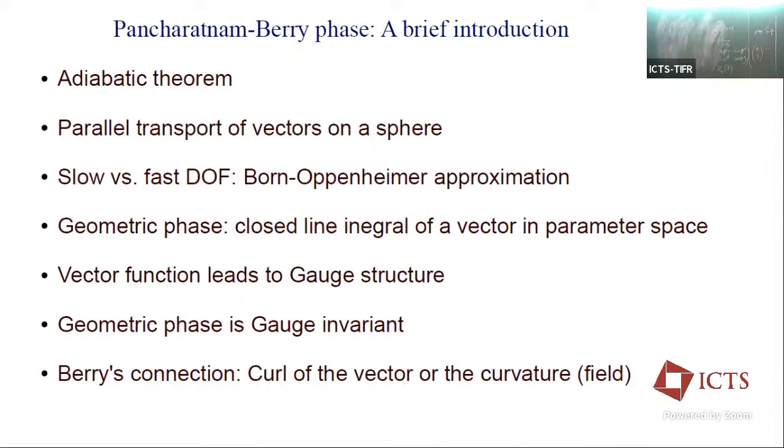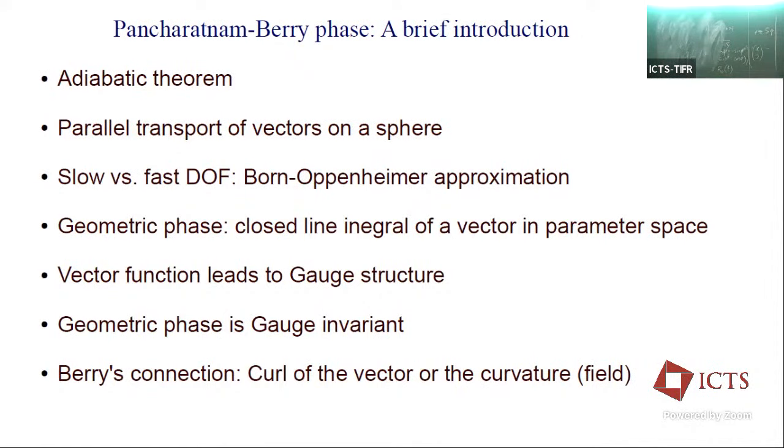Suppose gamma is the phase, then gamma would be related to some vector dot some parameter, say d phi, and then you integrate over a closed path over phi.